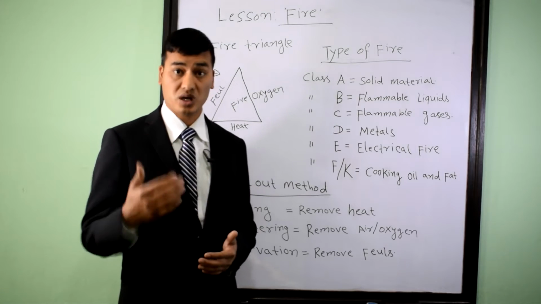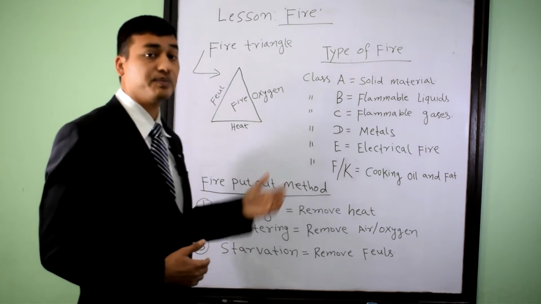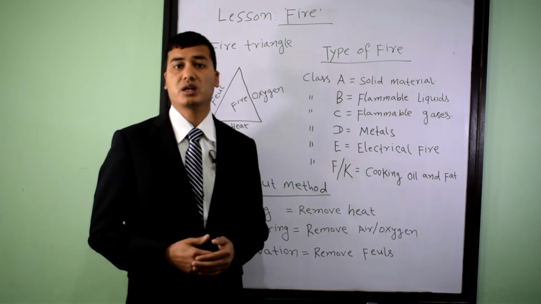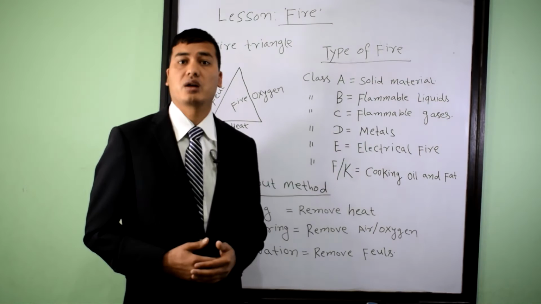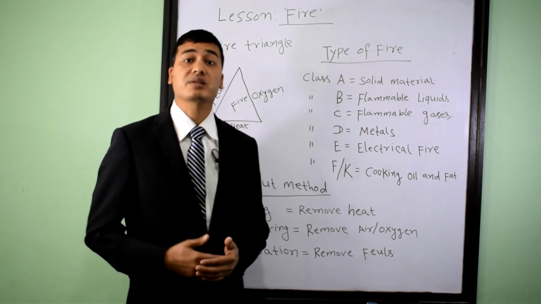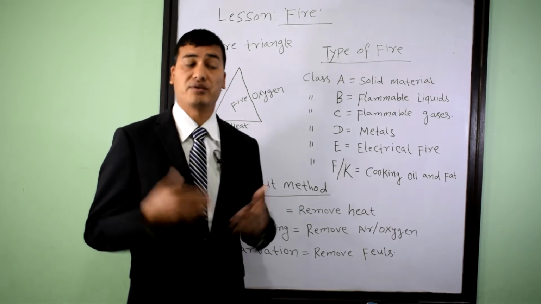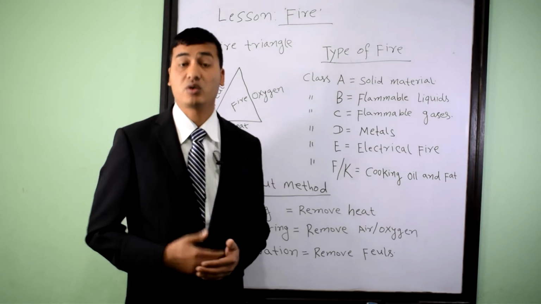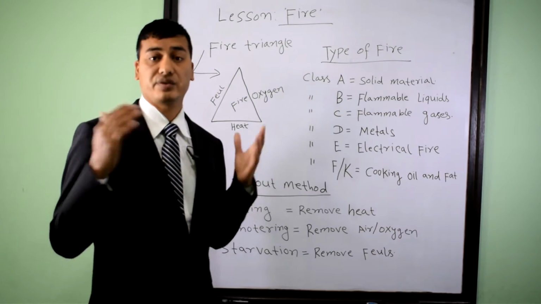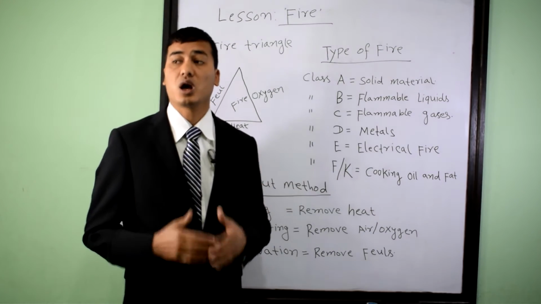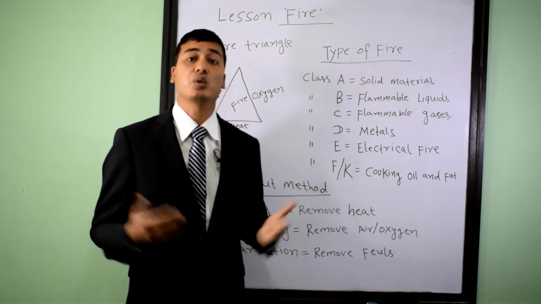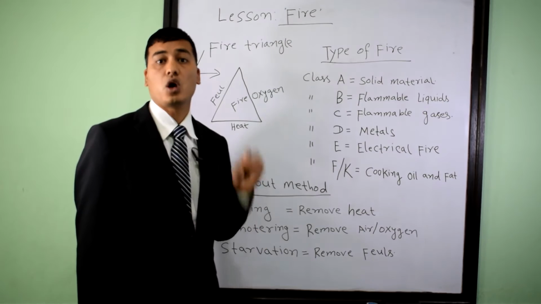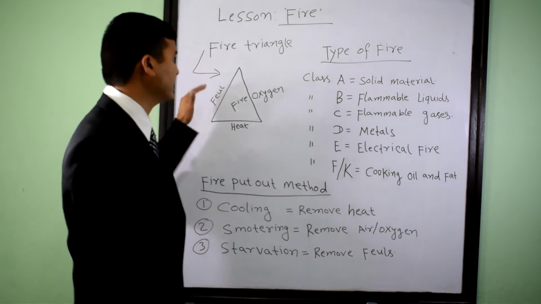If you use the wrong extinguisher to put out the fire, it may grow and spread. The security guard always maintains and watches for fire safety hazards. These four points you have to always remember when you are on duty. Okay, let's go to the lesson.